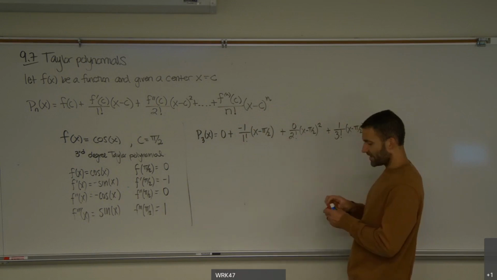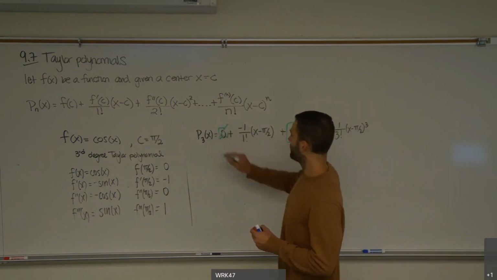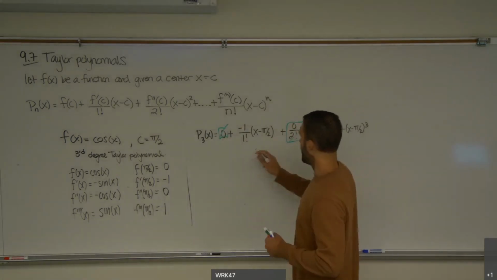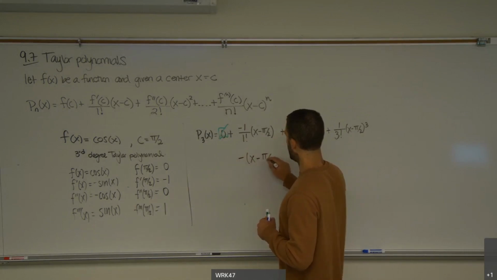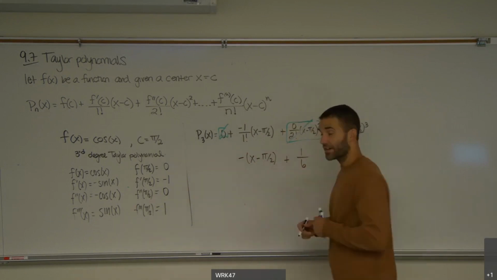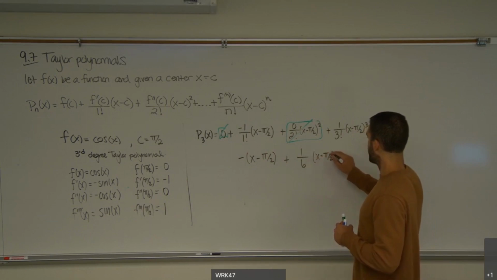Now, like I said, because these terms have zeros, they're all gone. So the only terms I'm left with are these two. And that simplifies to just negative x minus pi over 2. We'll leave it like this. Plus 1 over 6. 3 factorial is 6. Times x minus pi over 2 cubed.